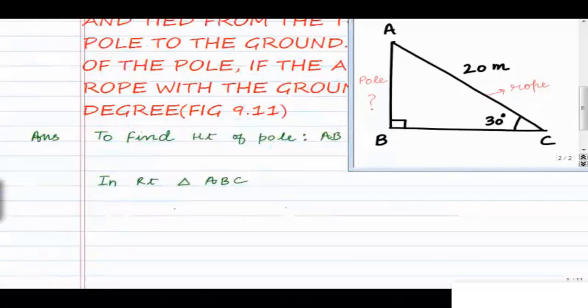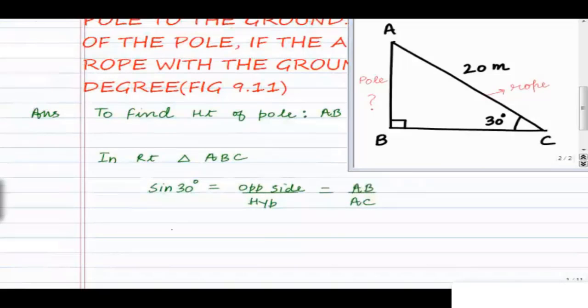In right triangle ABC we have sine 30 is equal to, we know the formula for sine is opposite side over hypotenuse. If we look in our figure, this is the 30 degree angle, the opposite side is AB and the hypotenuse is AC.